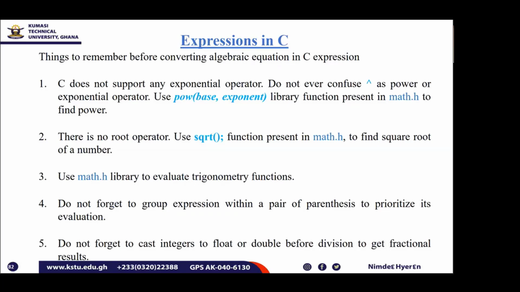Similarly, in C, we don't have the root operator. So whenever you want to use square root, you type sqrt(value). And this is also in the math.h library.